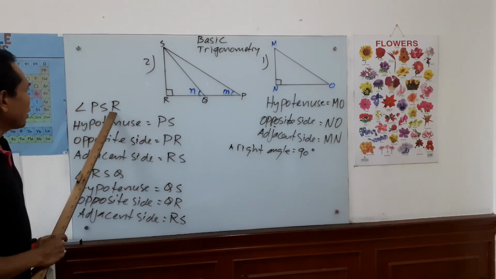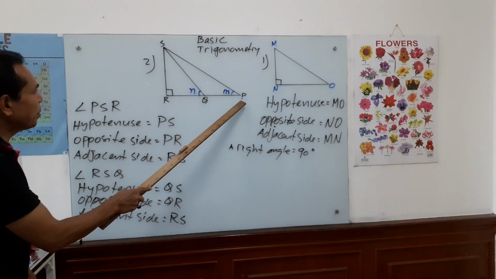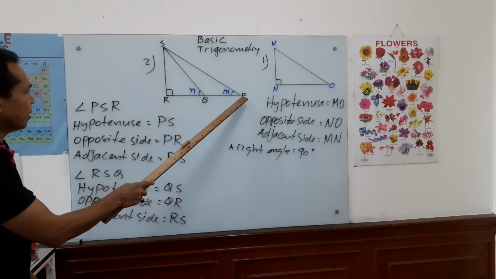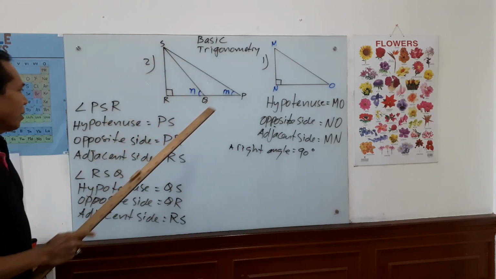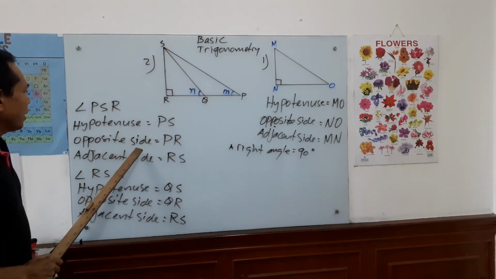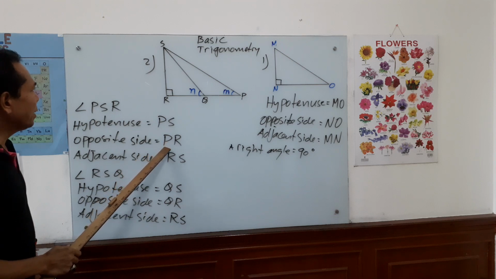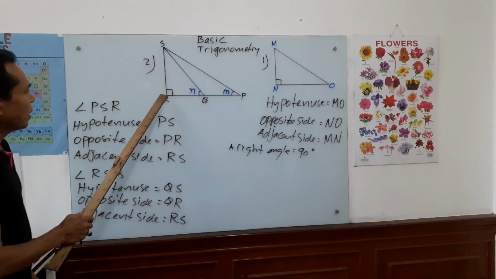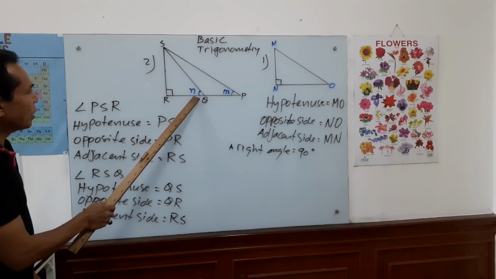Angle PSR. The hypotenuse is PS. PS is always the sloping side. And the opposite side is PR. This one here, PR. We take it this opposite of this.